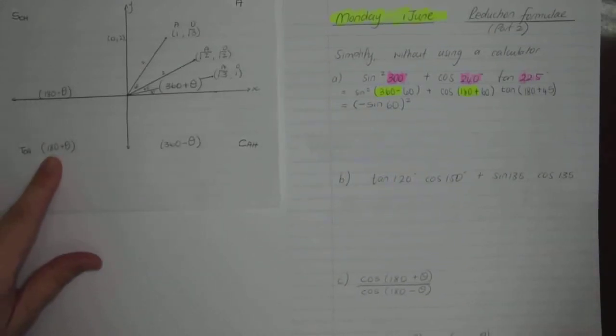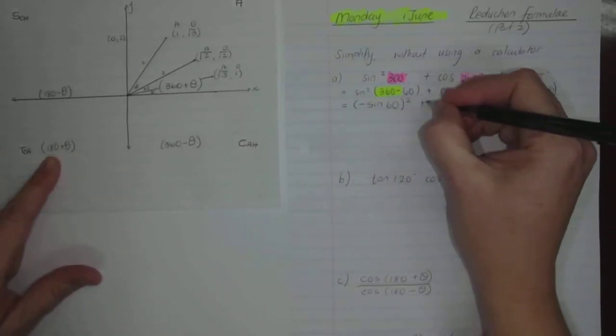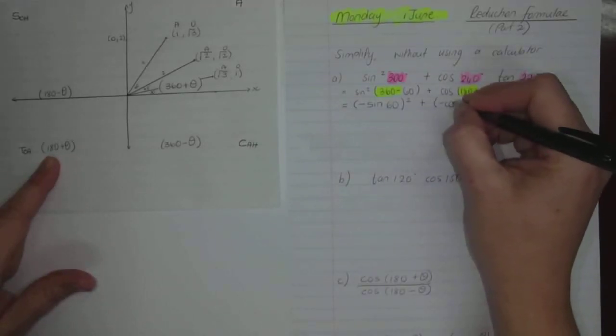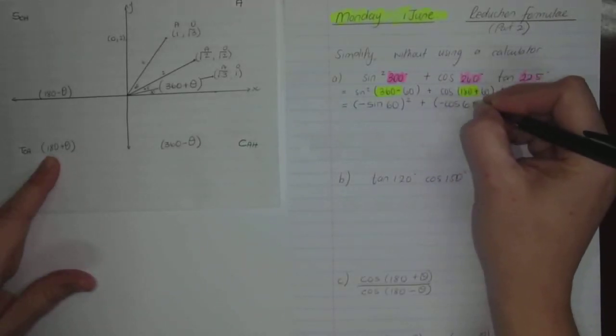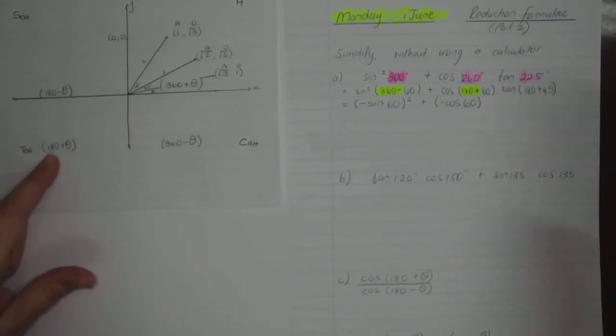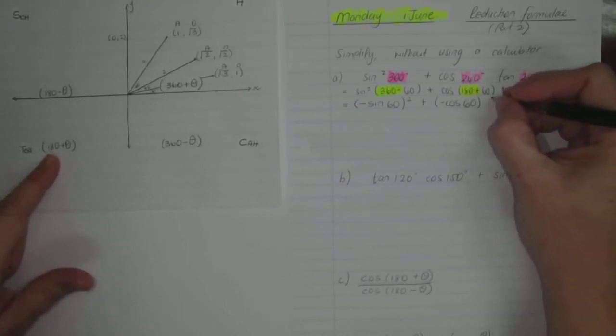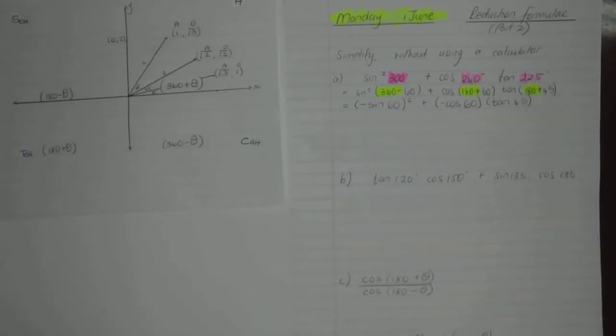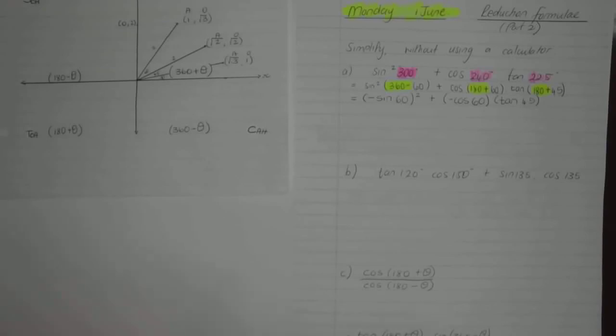In 180 plus, I know that the only thing positive is tan, so cos will be negative, cos 60. Okay, and then the next one, I'm looking at 180 plus again, and I know that in 180 plus tan is positive, and I use my reduction formula. Now I'm exactly where I want to be.